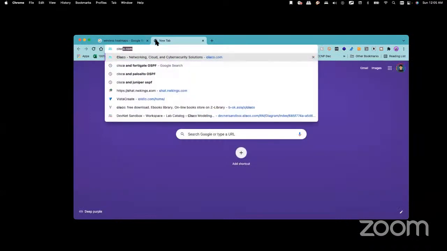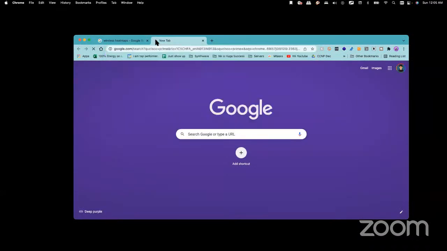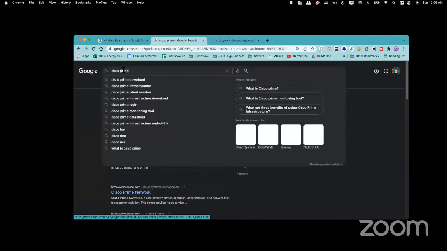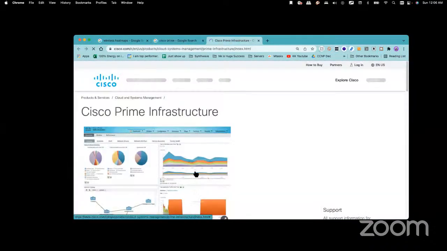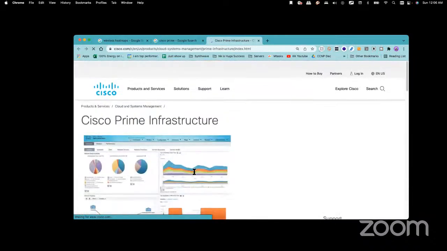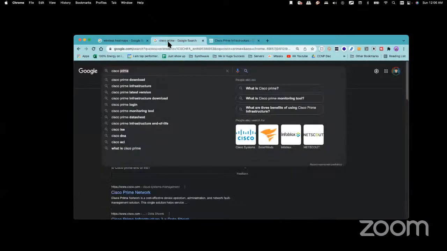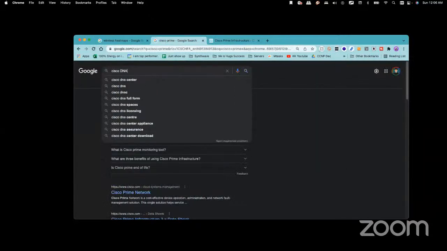We used to create heat maps there, in my office also. We needed to build everything there, but now this has become DNA, which is Digital Network Architecture in Cisco.